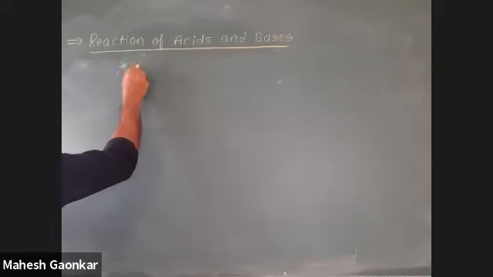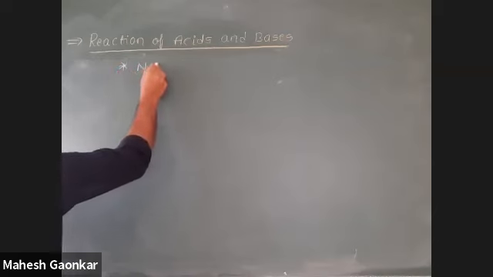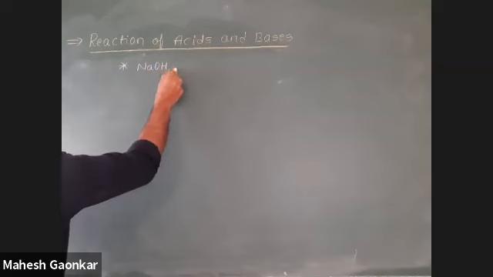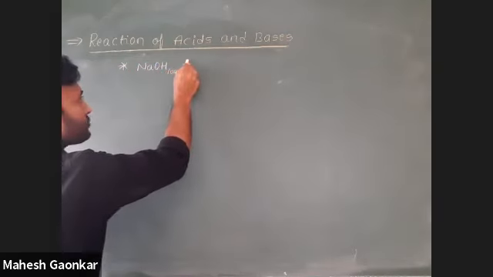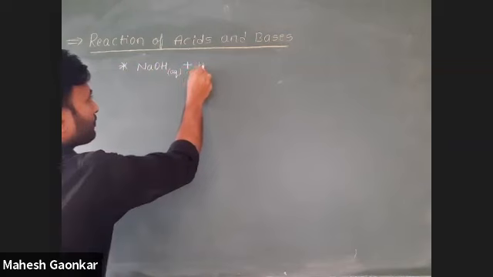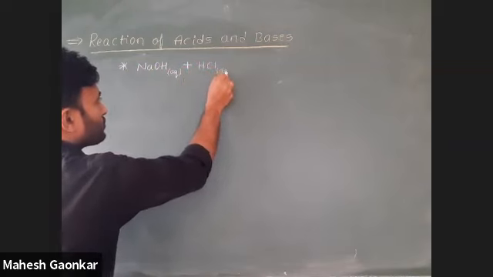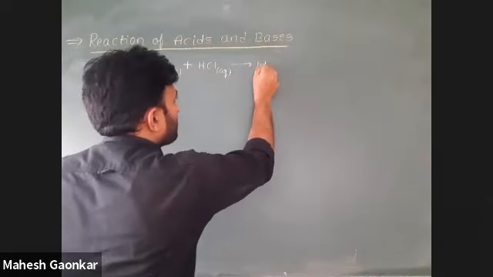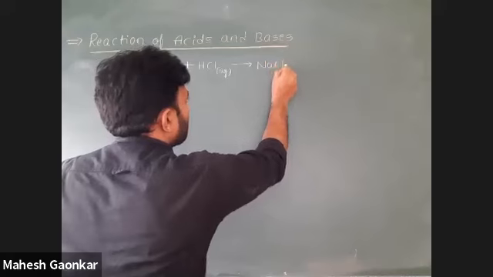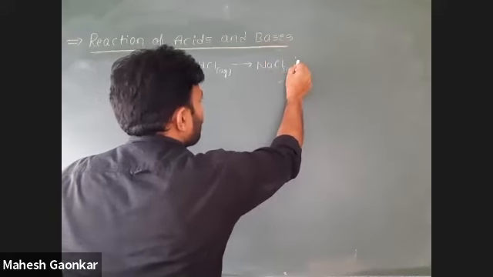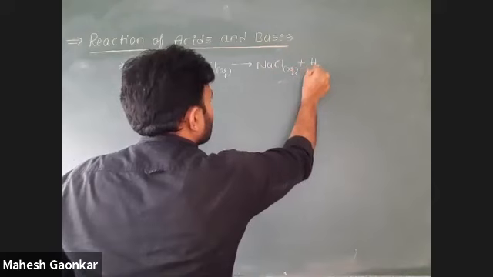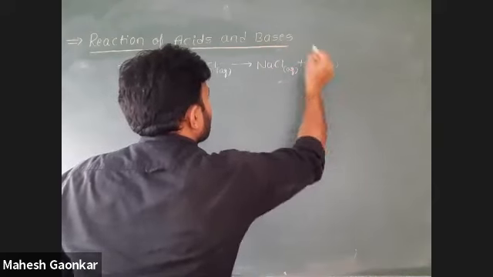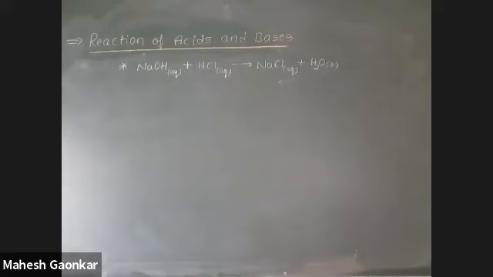First example, NaOH plus HCl aqueous gives NaCl aqueous plus water. NaOH plus HCl gives NaCl plus H2O. Correct?